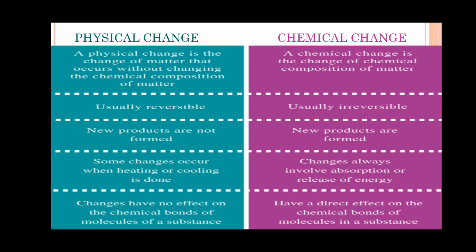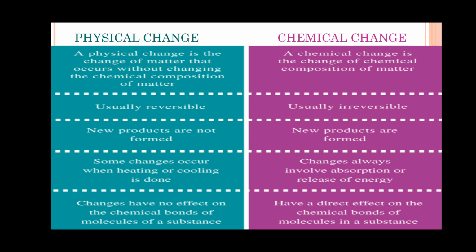Now, what is the difference between physical and chemical change? Dear students, a change where no new substance is formed, or there is no change in the chemical composition of the substance, is called a physical change. Whereas chemical change is the change of chemical composition of matter, meaning the composition of matter totally changes.